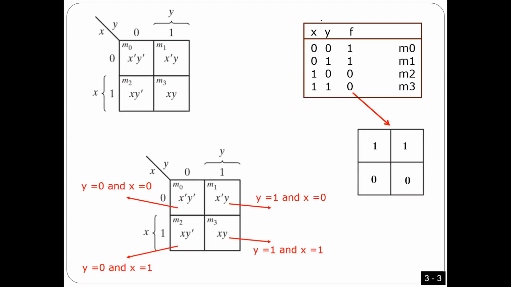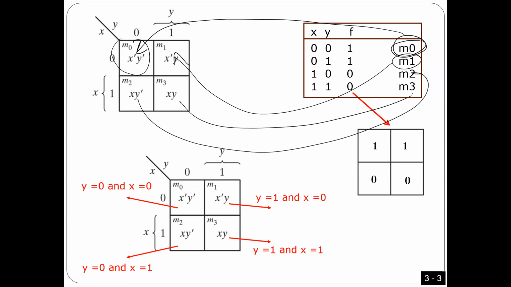As you see here, in case of 2 variables, we have only four cases. That is why this is the map we are going to use. In this map, we have 1 square for each row. So this is M0, it has this square. M1 has this square. M2 is here. M3 is here.